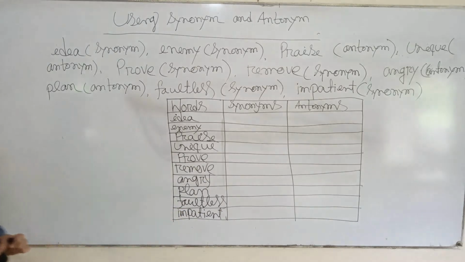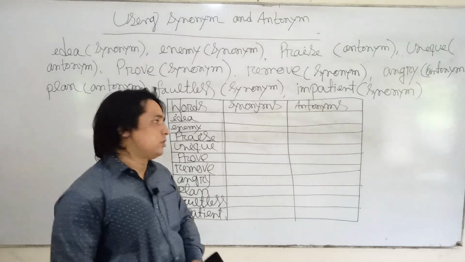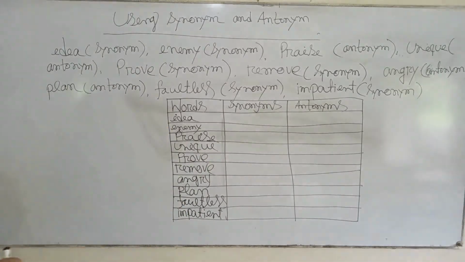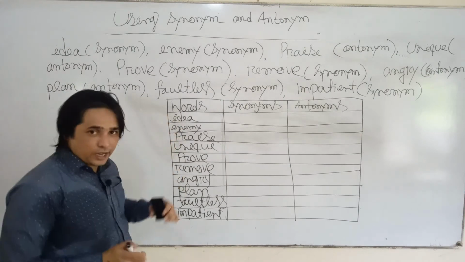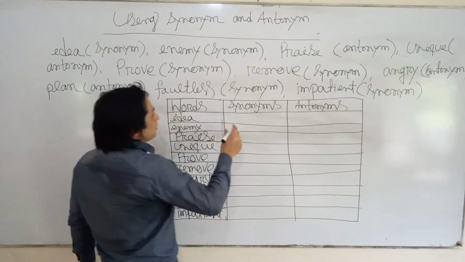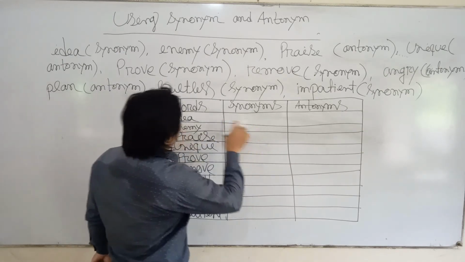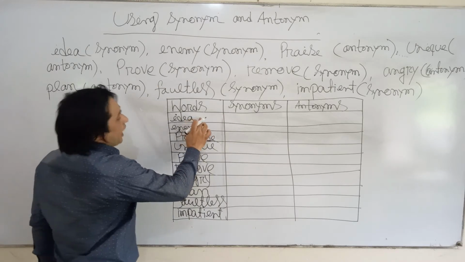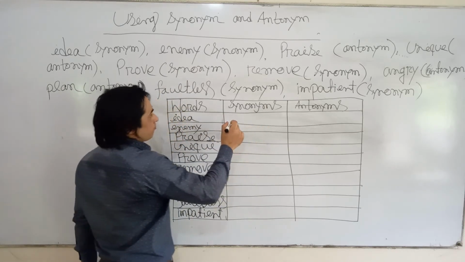We have just completed the first column. Now, come to the solution. We have to write down the synonym of idea. In the synonym column, in the row beside the row idea, we will write down the synonym.